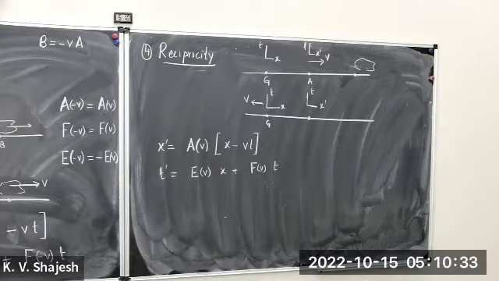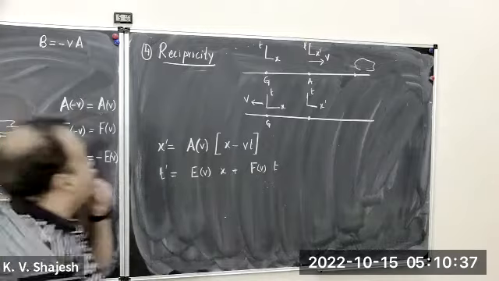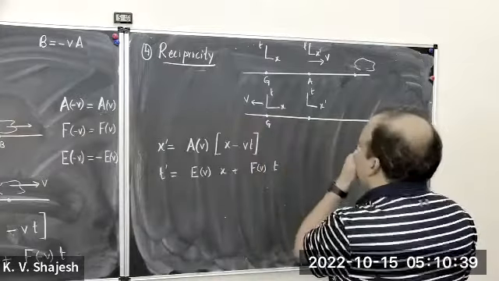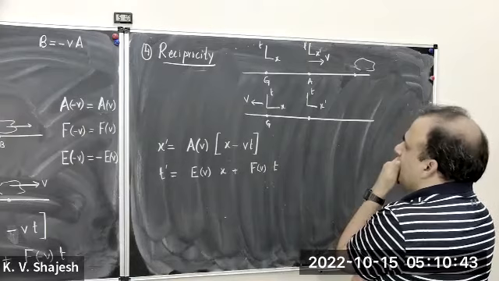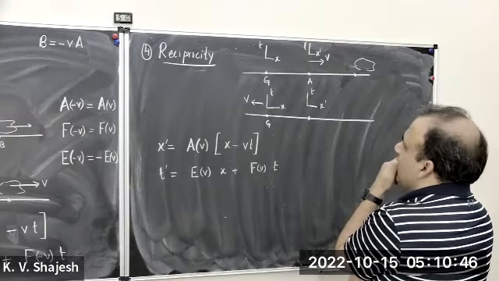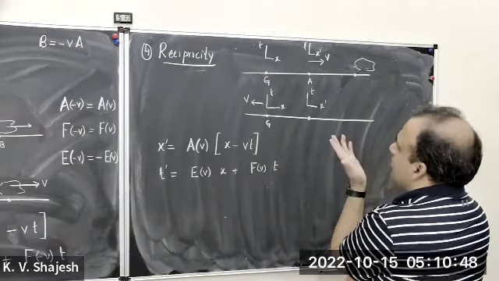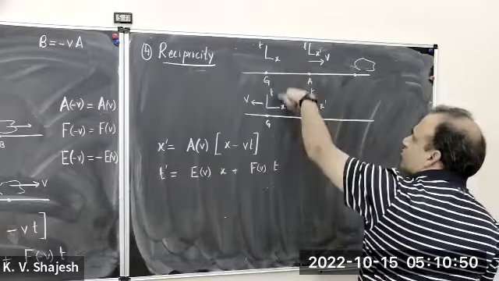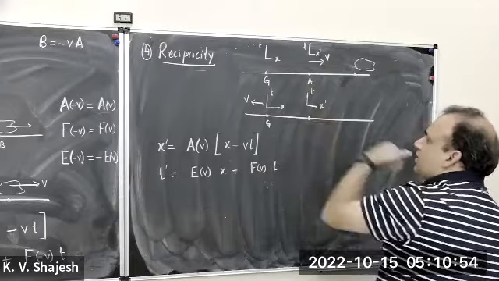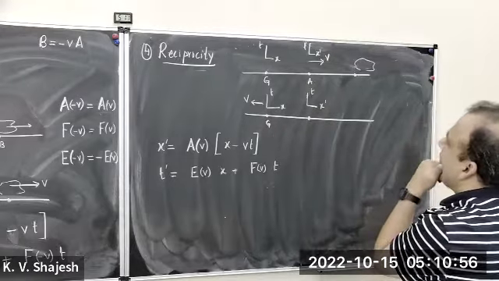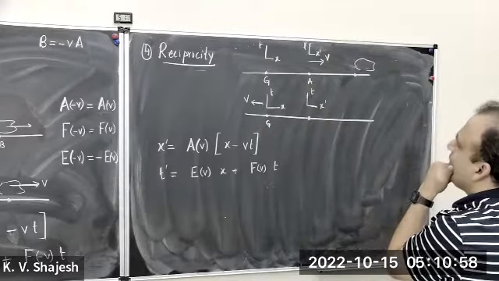And the requirement we are making is that if I change my velocity to minus velocity, I can keep my x prime to be the same, but v has to change, correct? Is that what I'm saying?